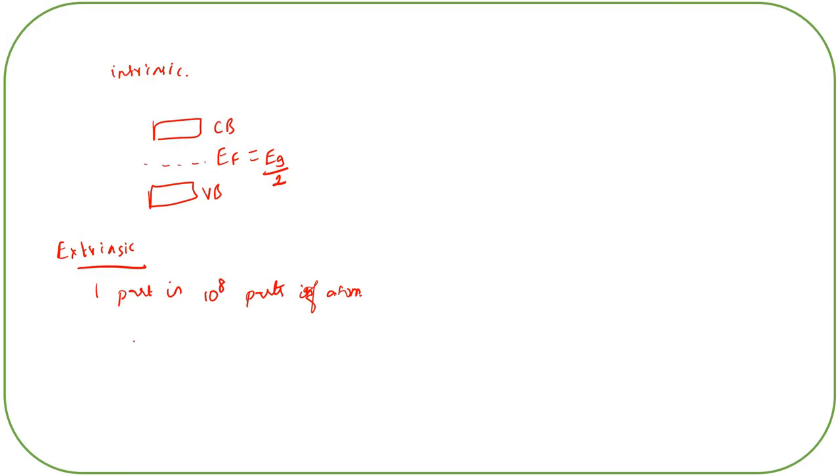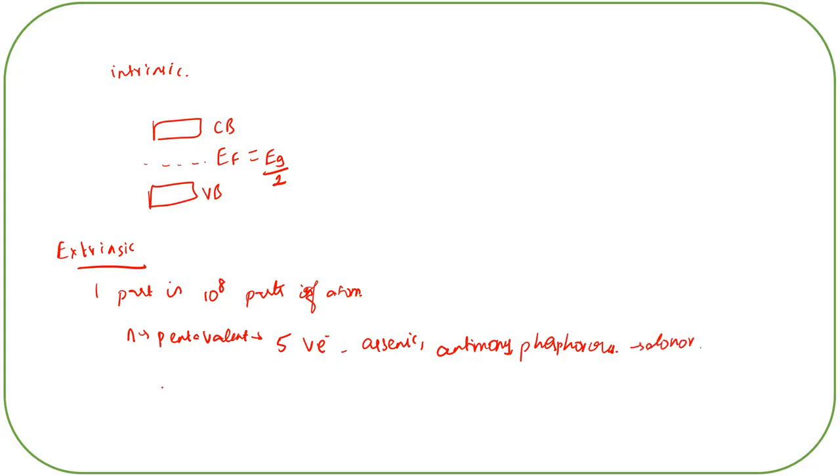For N-type we add pentavalent impurities, which have 5 valence electrons. Examples are arsenic, antimony and phosphorus. These are called donor atoms since they donate one electron for current conduction.